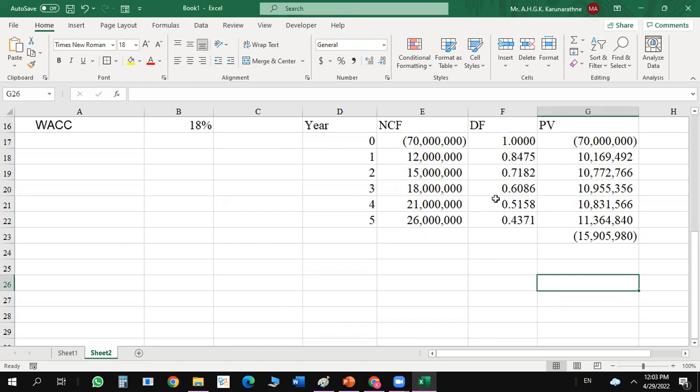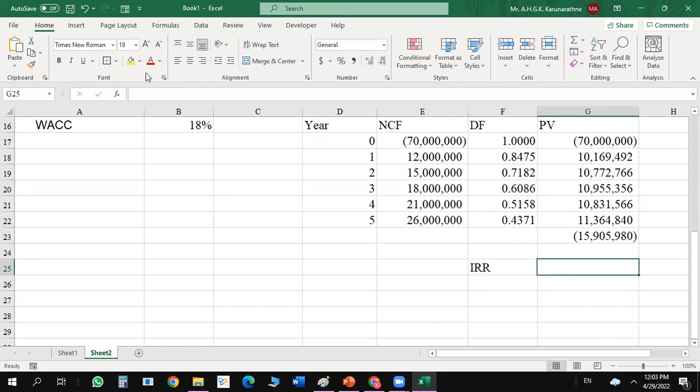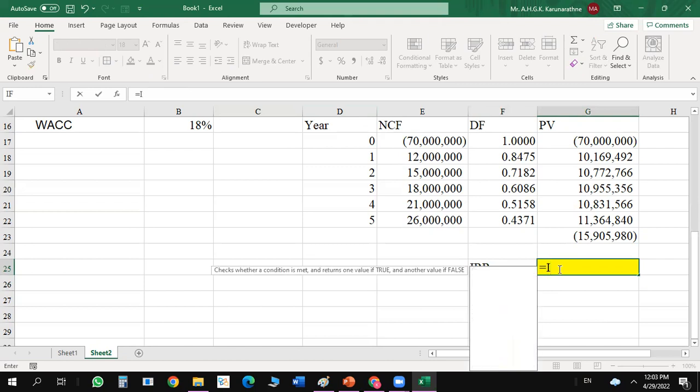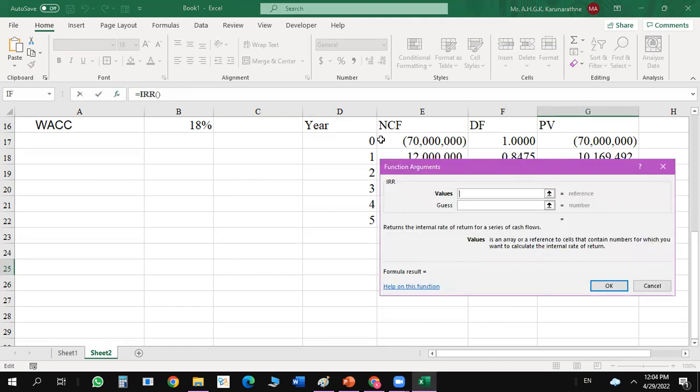So let's see how to compute IRR, internal rate of return, using our finance function. It's very easy. Type the formula with an equals sign, then say IRR, then go to the expanded mode like this.